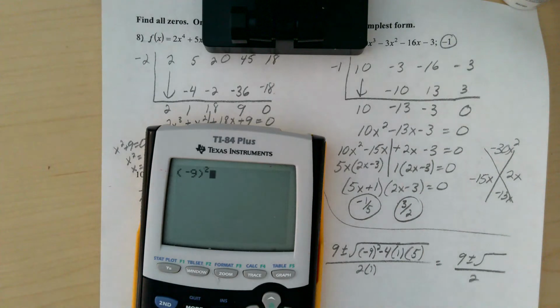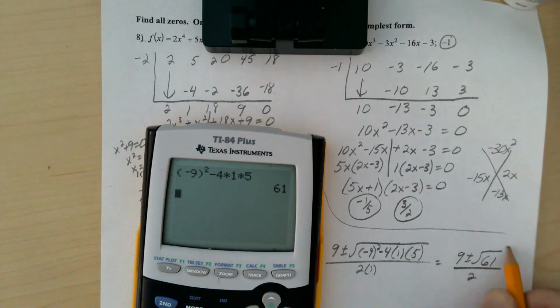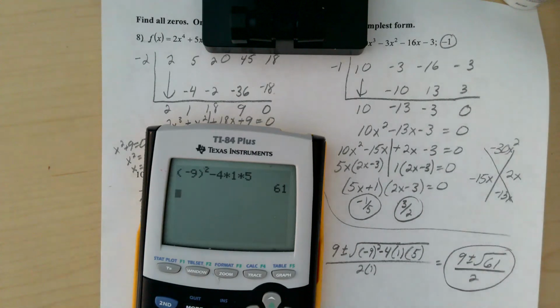So I have -9 squared, which the calculator will calculate as 81. It knows to subtract 4 times 5, or 1 times 5. I'll put the 1 in. When I hit enter, I see it's a 61, and I can leave it in that form.